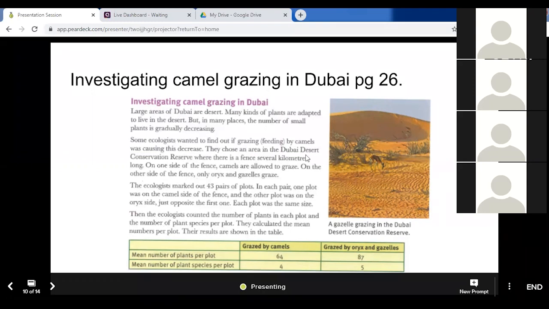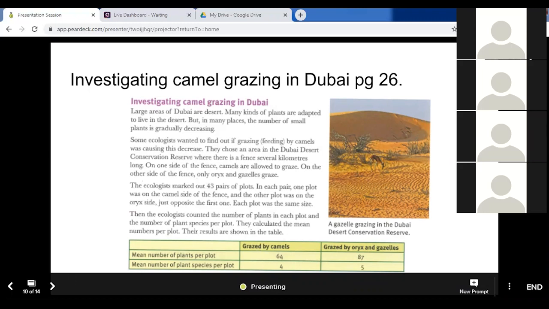Have you finished? Yes. Okay, now the question is, at the end of their study they count the number of plants per plot and the species per plot. And they observed that there were 64 in the part grazed by camels, and in the other part of the fence, grazed by other organisms, there were 87. And the number of plants per species was 4 in one and 5 in the one grazed by oryx and gazelle.